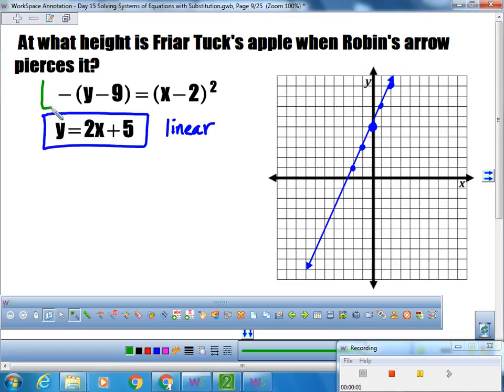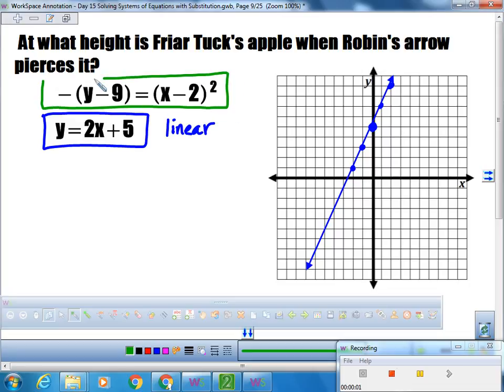Then this one is a what? That's a parabola. It's quadratic. We know certain characteristics of this parabola.